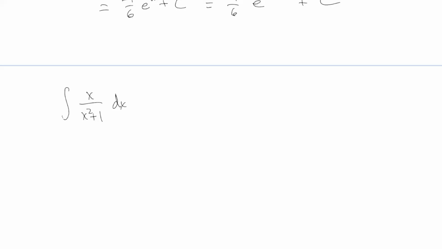All right? And the moral of the story for this one is that sometimes in a fraction you can choose u to equal the denominator. In this sense, the inside that I'm looking at is the inside of the fraction, the denominator.